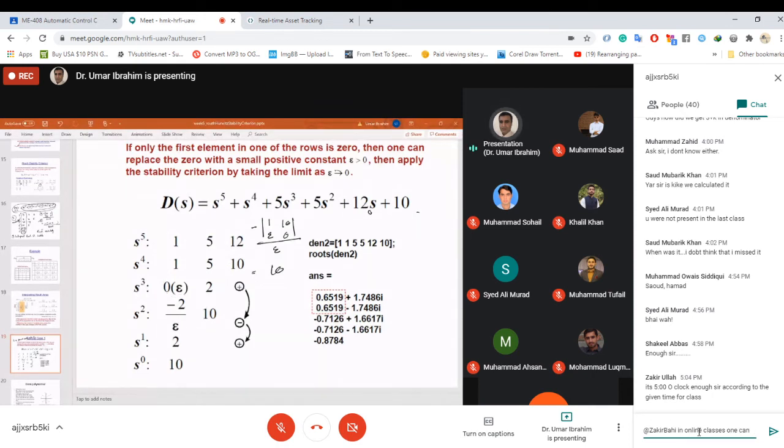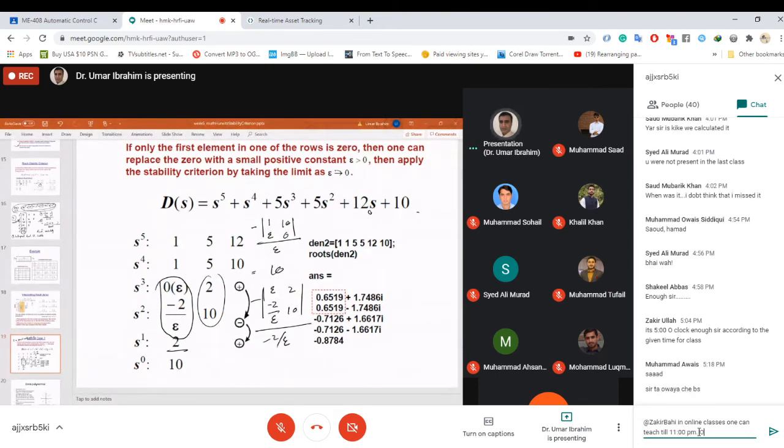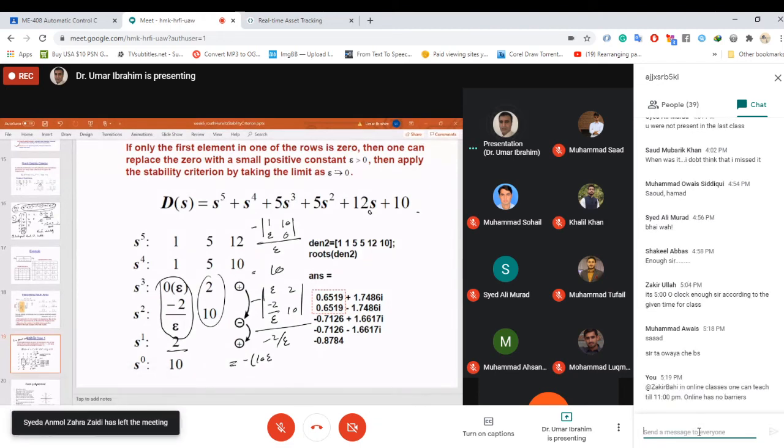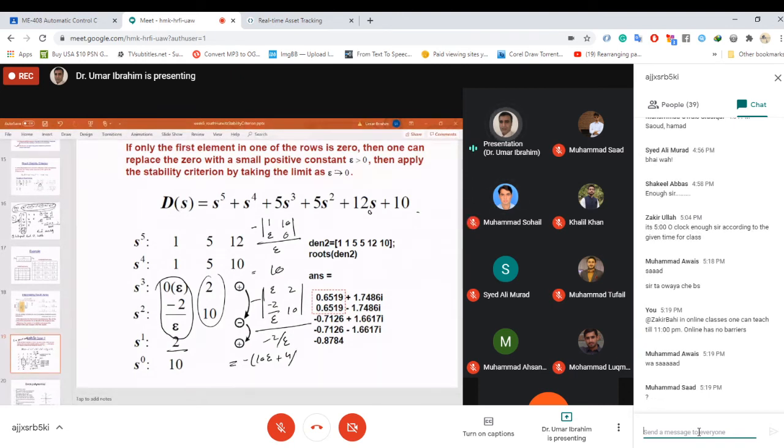Similarly, when we calculate this next value, it will be between this and this column, which will be epsilon divided by minus 2 by epsilon, with 2 and 10. That comes out to be minus 10 epsilon plus 4 by epsilon.